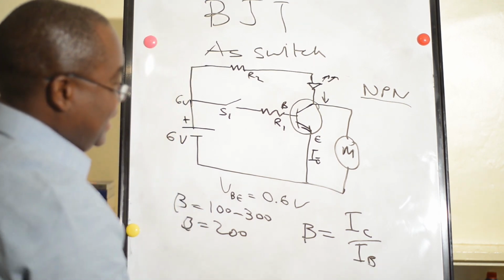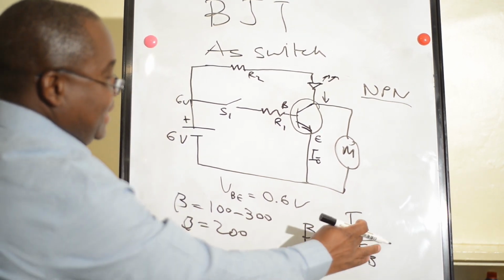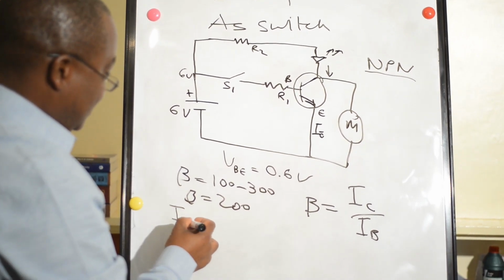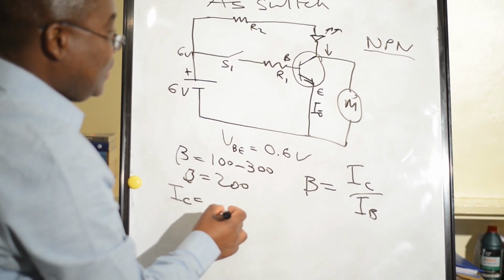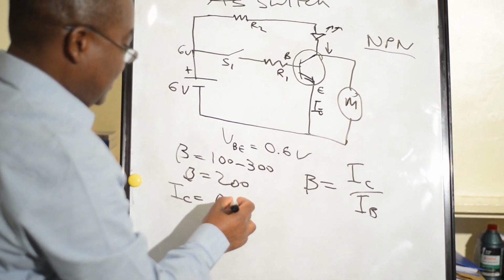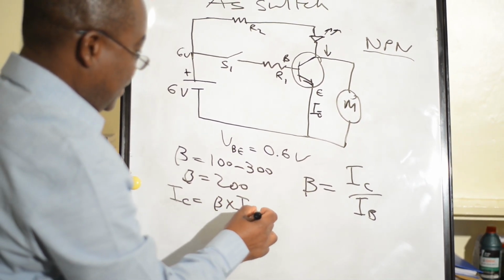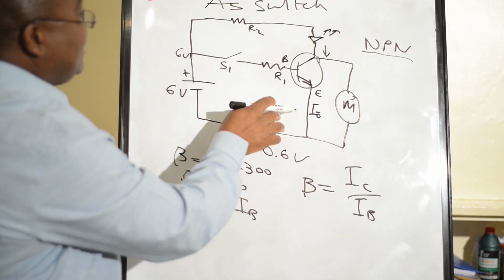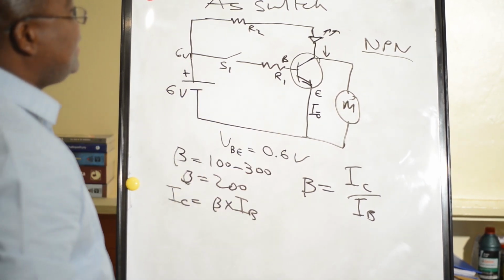So if you have a beta, you can have IC. So IC here is equal to beta times IB. So we can find IB in this circuit.